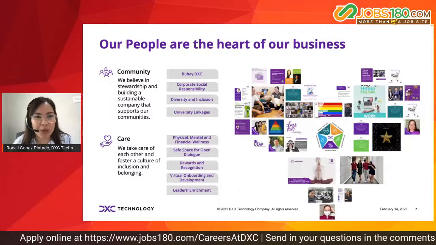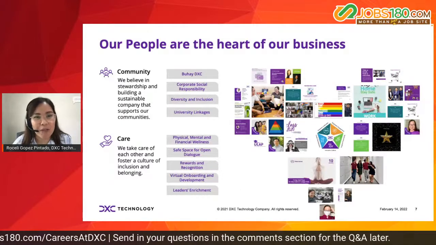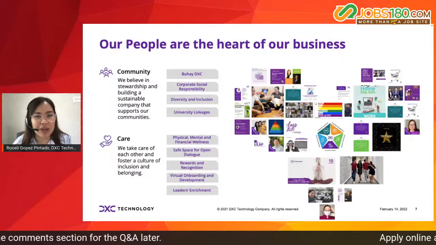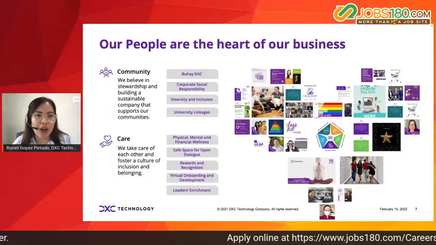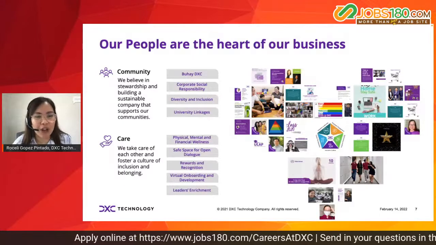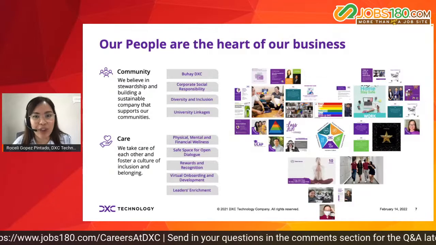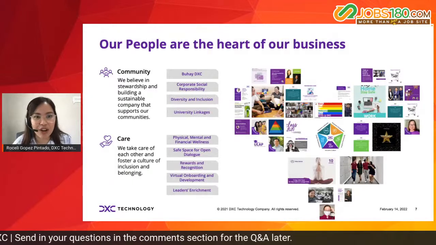We also have corporate social responsibility where we work with different sectors within the Philippines to really support the needs of different organizations to also help the Philippines grow. And then as a global company, we have put a lot of emphasis on diversity and inclusion, right? Ensuring that we hire fairly and we treat our employees, regardless of race, gender, giving them equal opportunity, right?